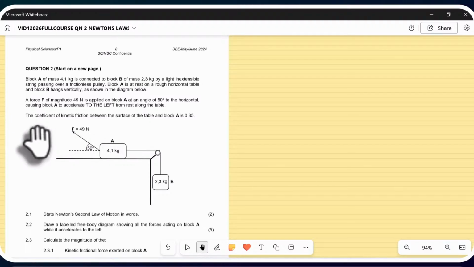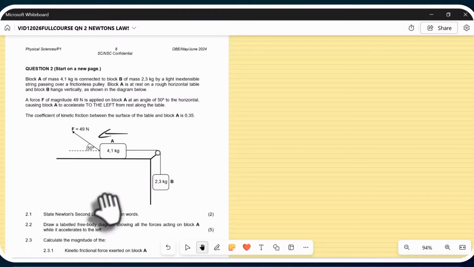This is to the left, right? Going where? To the left, together. And then they say from rest along the table. The coefficient of kinetic friction between the surface of the table and block A is 0.35. Then they say here, what must we do?